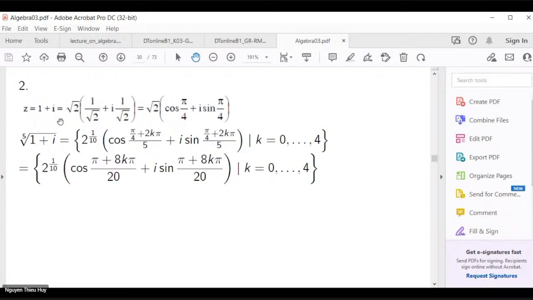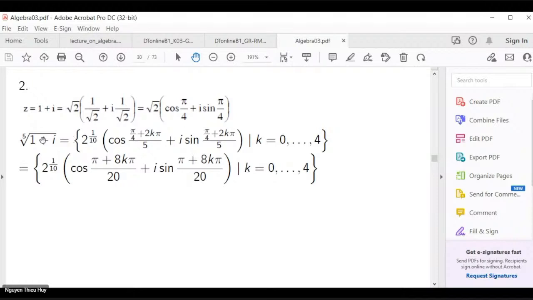Firstly you have to change it to the polar form, but it can be done easily. We already did this before: it is square root of 2 times cos pi over 4 plus i sin pi over 4.